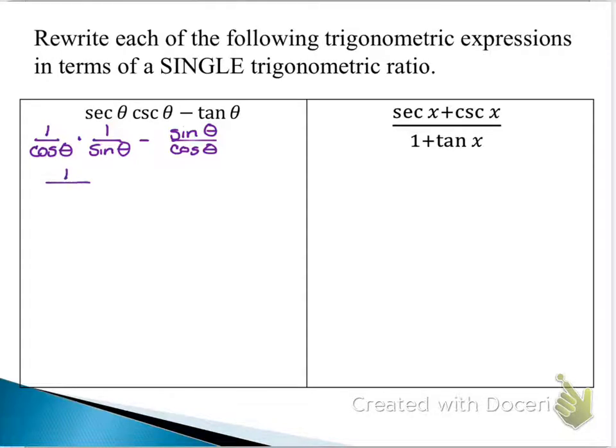And so if I was to simplify this even more, it's 1 over cosine theta times 1 over sine theta minus sine theta over cosine theta. Okay, so again, the trick is sometimes we tend to think that we could go ahead and cancel out the sine thetas.